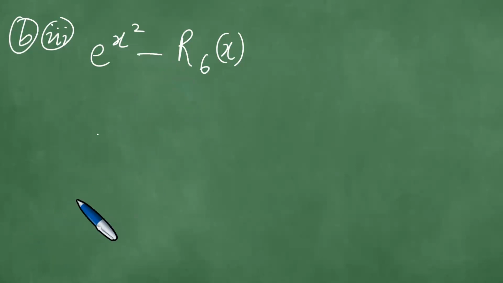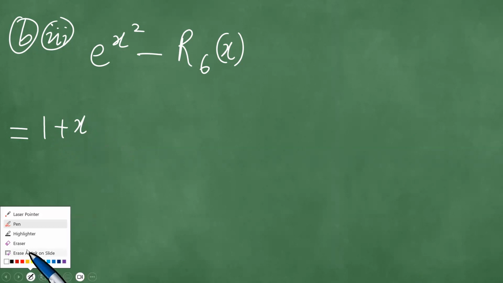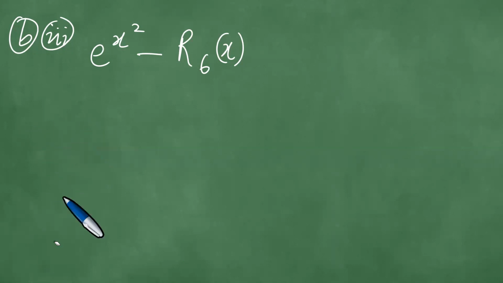And if we subtract that, what is the e to the x squared? It is 1 plus x squared.